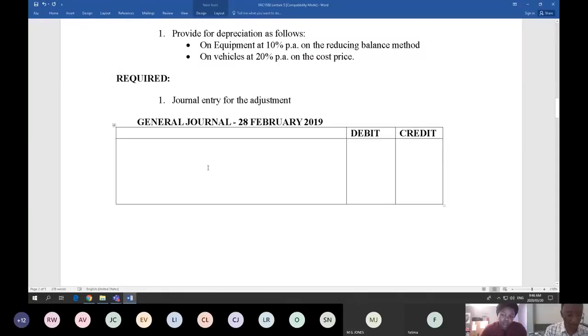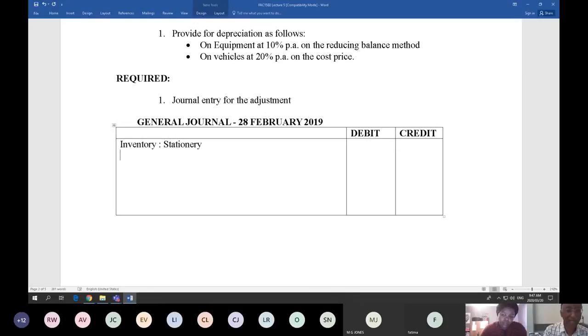To record that in the journal, I debit my account inventory, stationery, and I credit my stationery account, and the stationery on hand is 345 Rand.